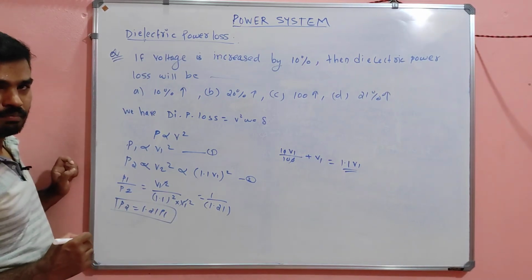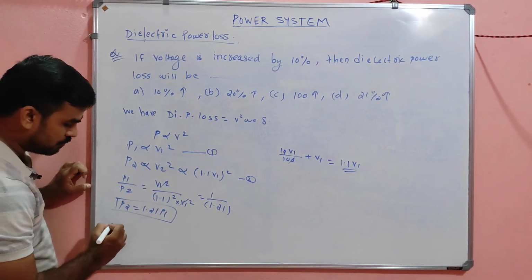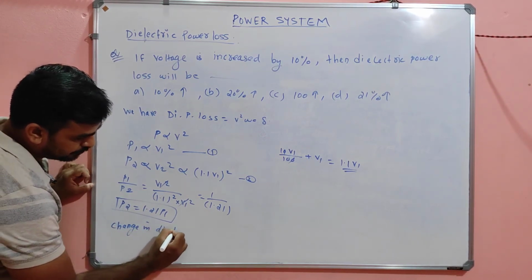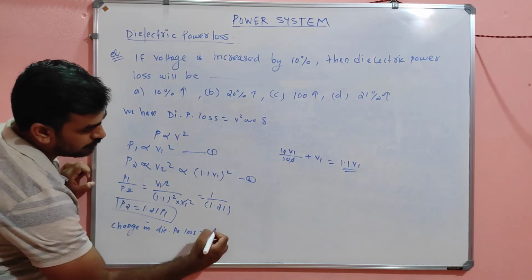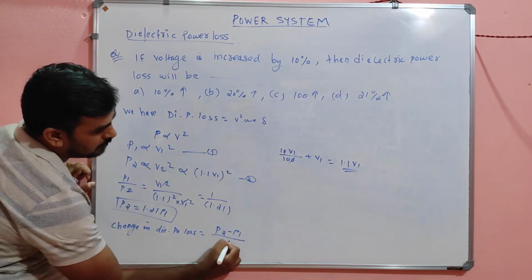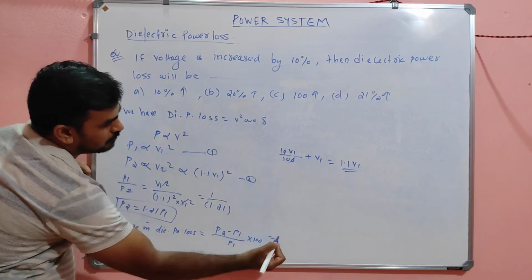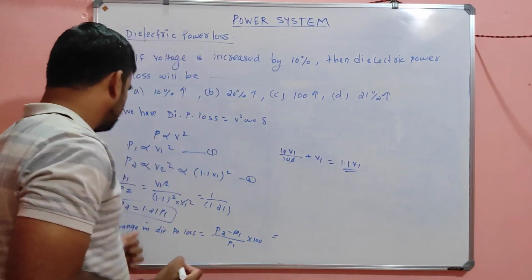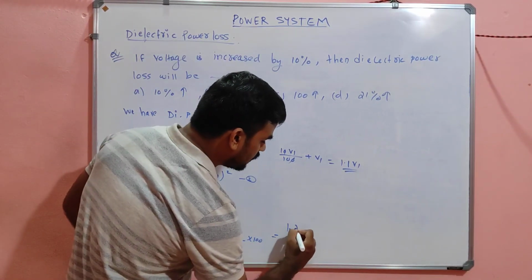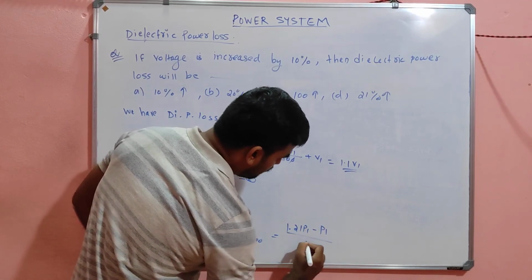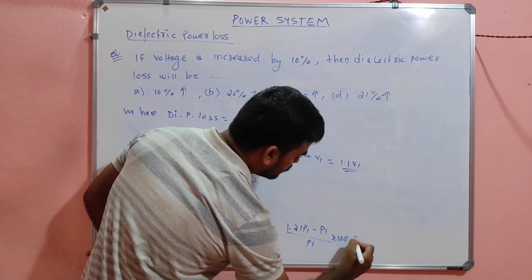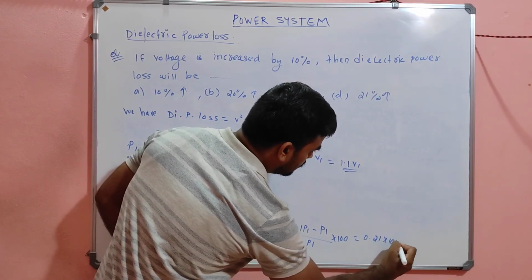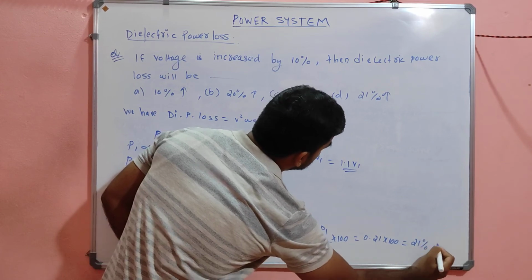The change in dielectric power loss will be P2 minus P1 divided by P1 into 100, which is 1.21 P1 minus P1 divided by P1 into 100, nothing but 0.21 into 100. It is a 20% increase.